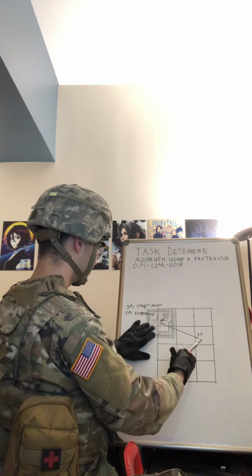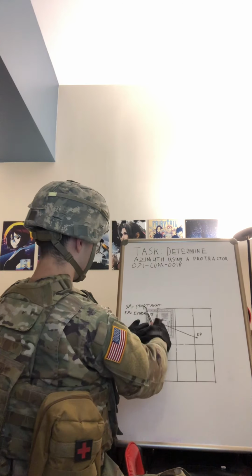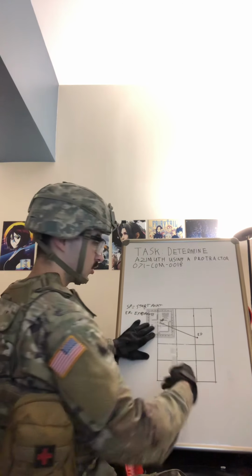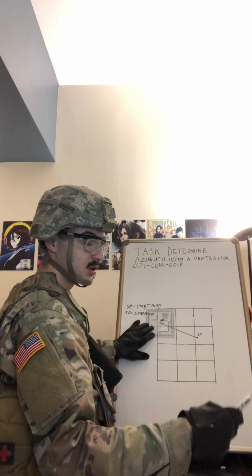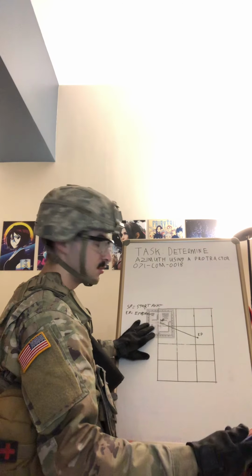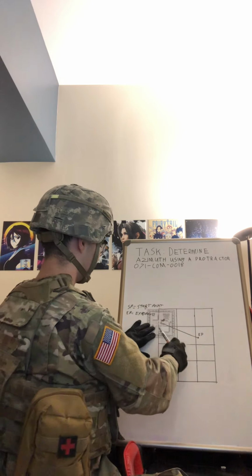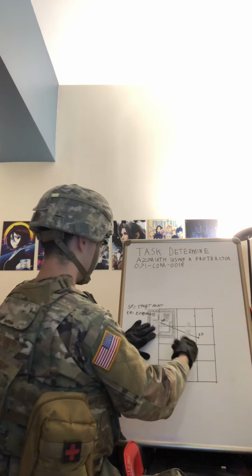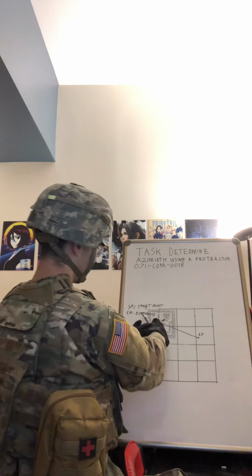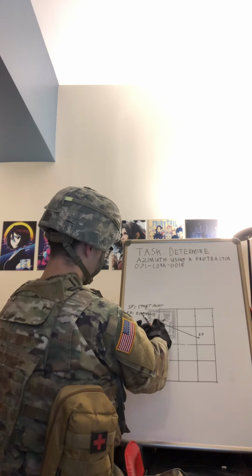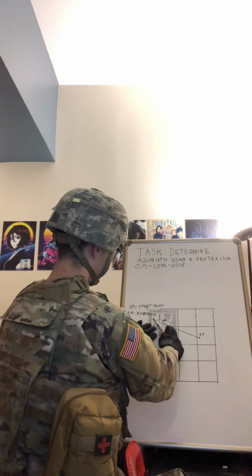From there, if you have a see-through protractor, you can just look through it. Or if you do not, then you can take a string or a straight piece of paper and line it up underneath the protractor to verify your measure of angle. I have a clear one so I can see straight through it. I can look through, follow the line.